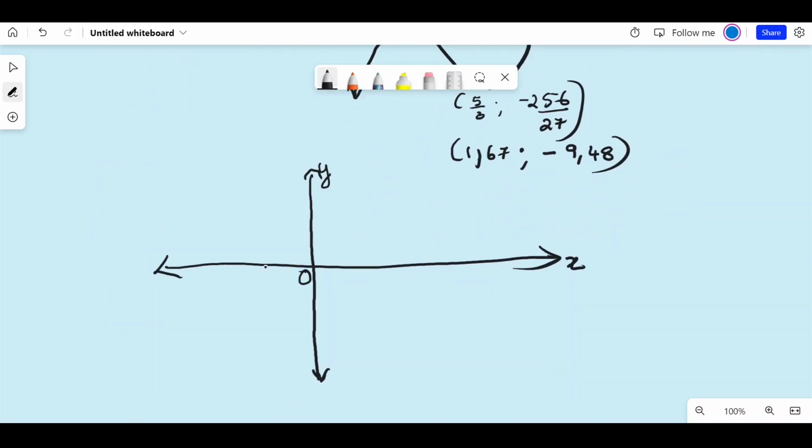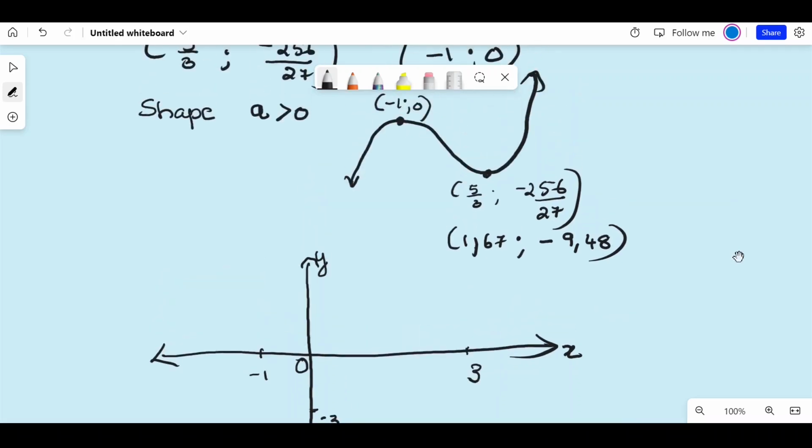Negative 1 here, and 3: 1 here, 2 here, 3. You don't need to label all the other points, only mark the important points. Now the y-intercept was negative 3, so let's mark negative 3 down here. Now we are going to label the two turning points.